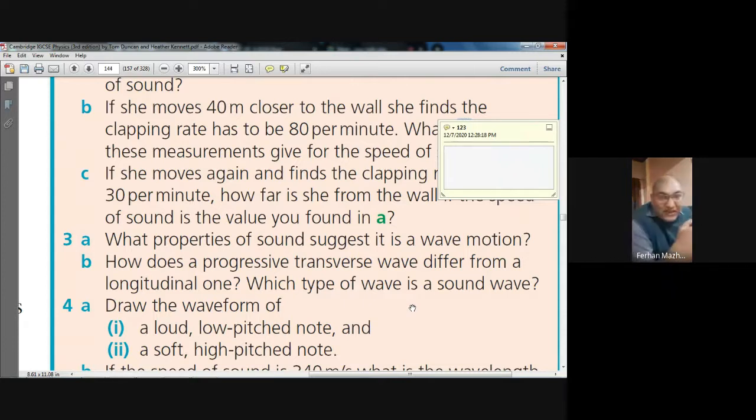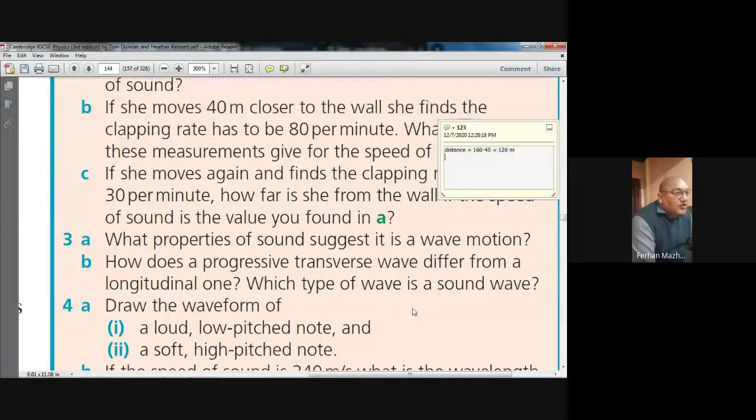The distance between the girl and the wall is now 160 minus 40, so the distance is 120 meters.